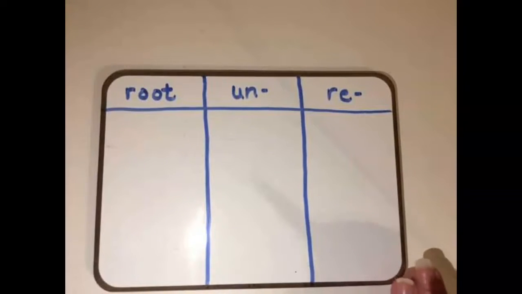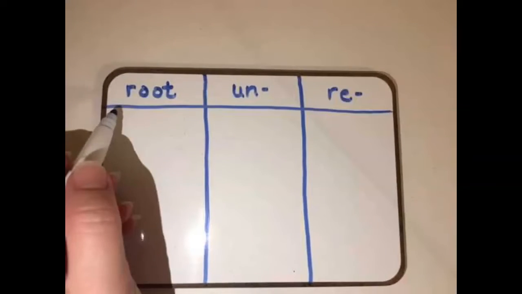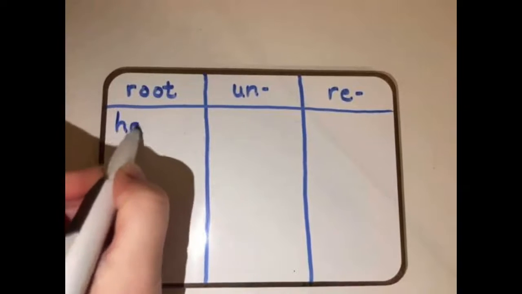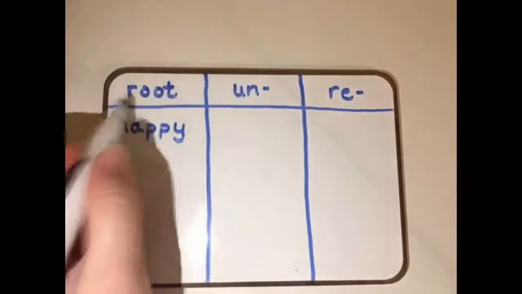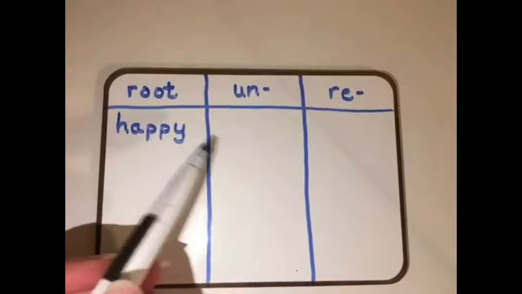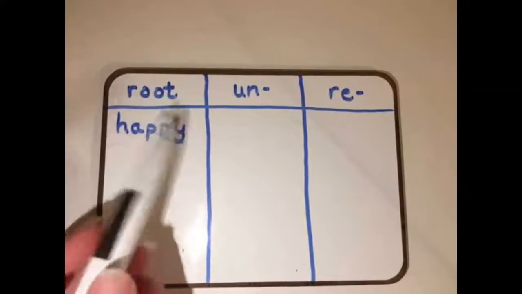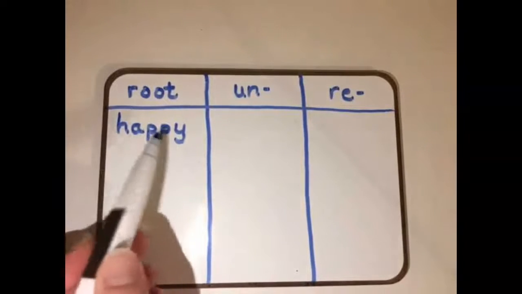All right, so we're going to start by writing a root word, which is happy. So let's write the word happy under root, because remember that a root word is a word that does not have a suffix. We talked about suffixes yesterday. So a suffix is an ending that we add on to a word that already exists.